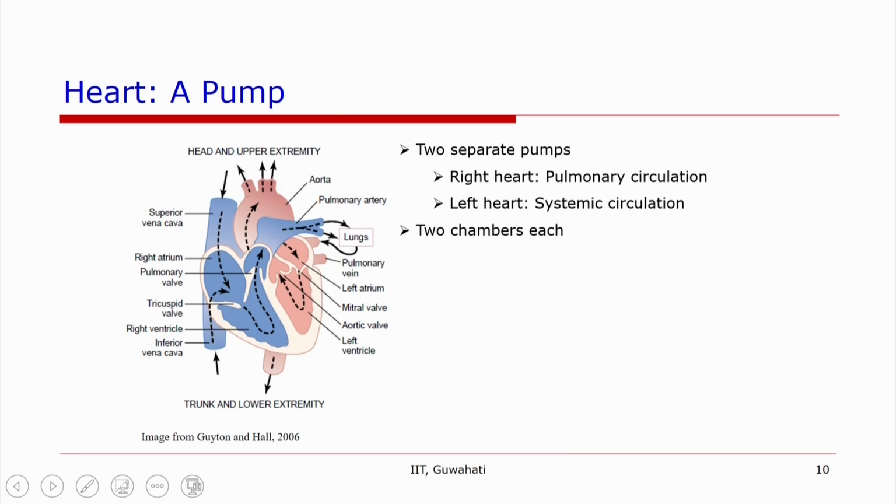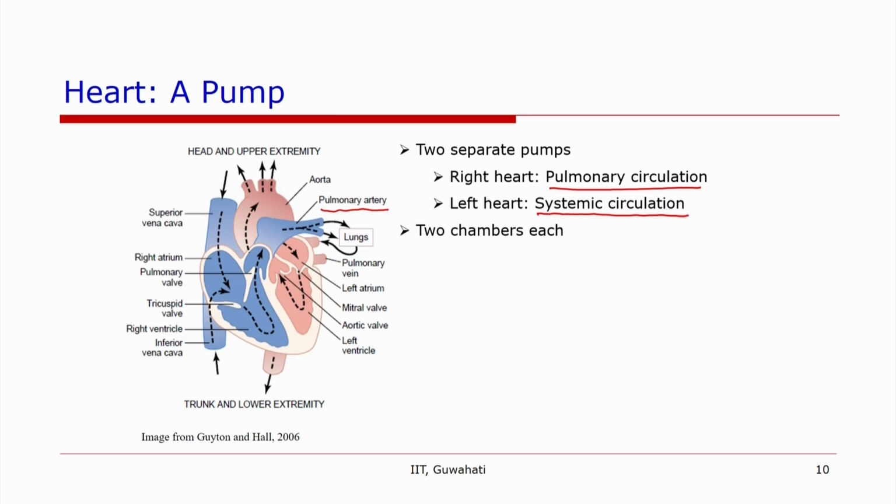One is what is called the pulmonary pump, or right pump, which is used for the pulmonary circulation. You can see that pulmonary circulation is taking blood away from the heart towards the lungs using the pulmonary artery. And the other pump is the left heart, which is supplying blood to the systemic circulation.